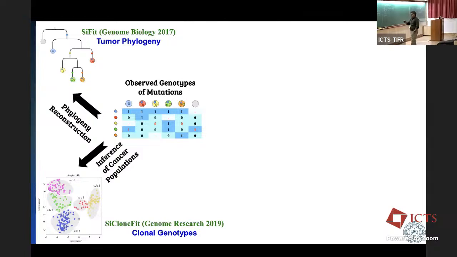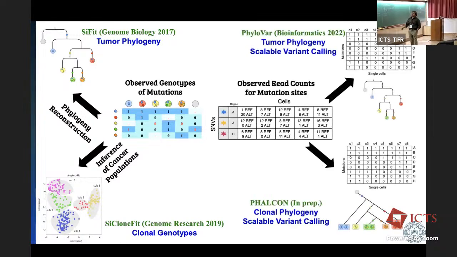They are small in terms of number of sites, and also in the number of cells that you can really handle, okay? So later on, we tried to develop methods where we can go directly from read count data to this kind of phylogeny as well as mutations.